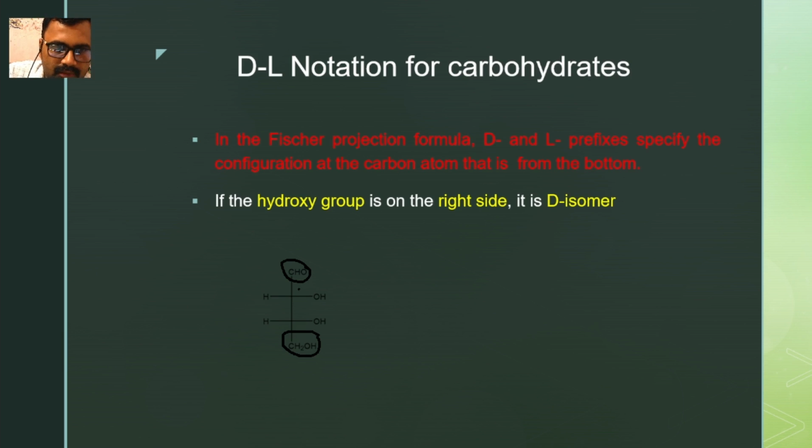Generally if you number the carbohydrate, numbering always starts from the top carbon atom. So this is carbon number 1, carbon number 2, carbon number 3, and carbon number 4. But we want the carbon second from the bottom.